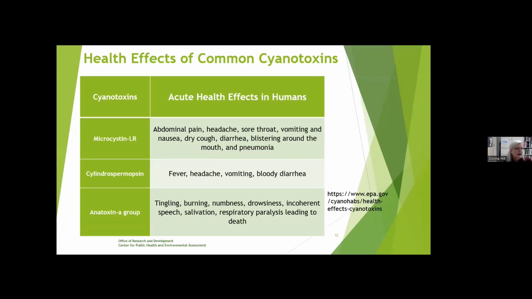And then for the anatoxin, since that is a neurotoxin, you've got more of the neurologic signs, tingling, numbness, you can have tremors. In animals, death is caused by respiratory paralysis of the diaphragm because it affects a specific type of neuroreceptor, and it's at the neuromuscular junction that affects the muscles and the diaphragm, but it can also act on the central nervous system.